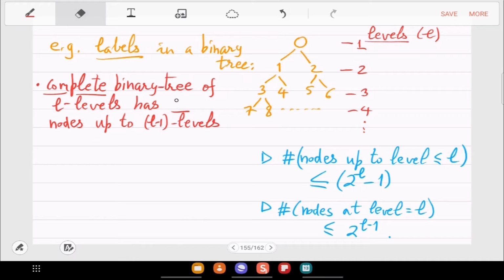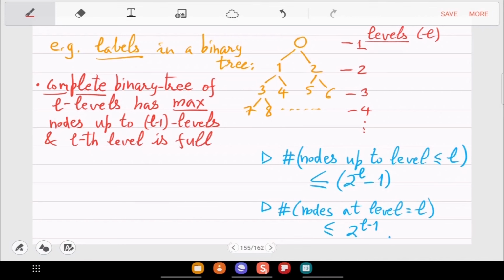Well, all as in max possible. Has max number of nodes possible up to L minus 1 levels, and at the L level, Lth level, is filled in the left side.